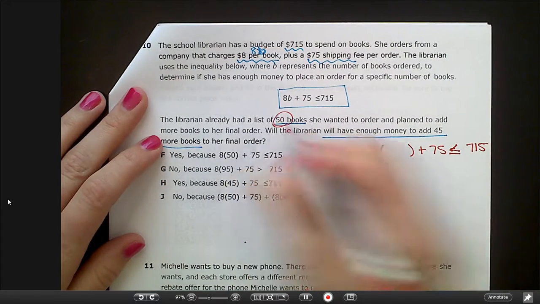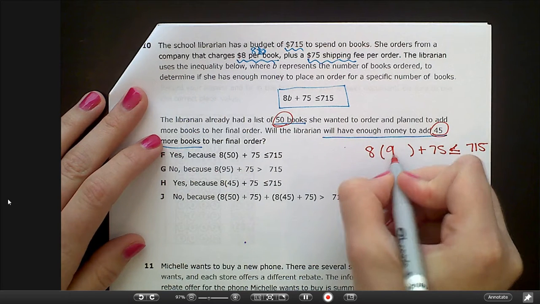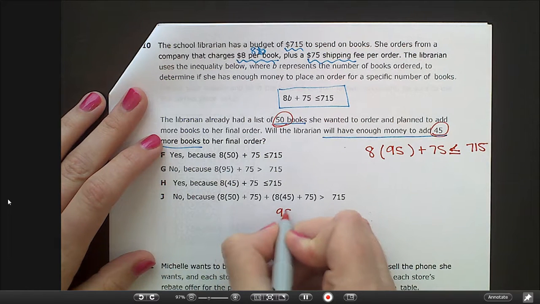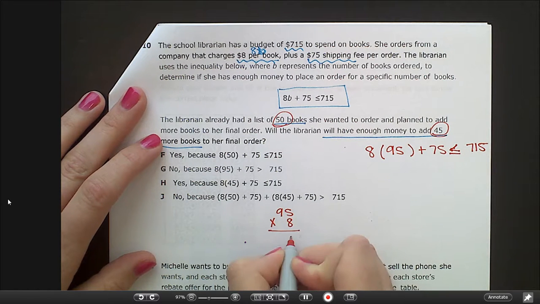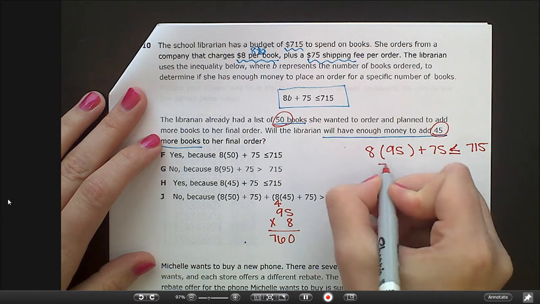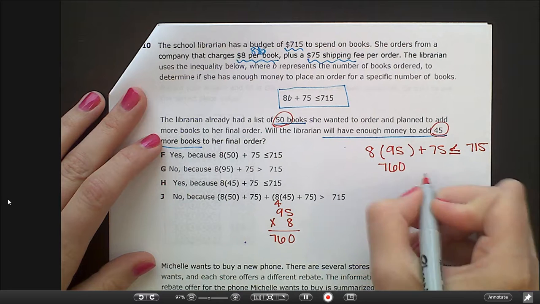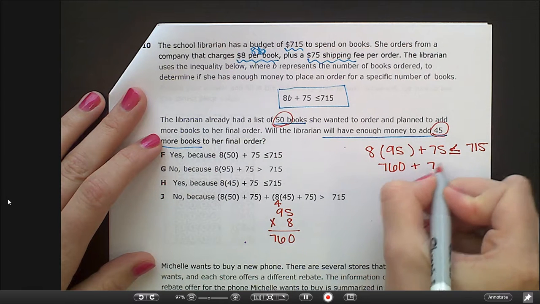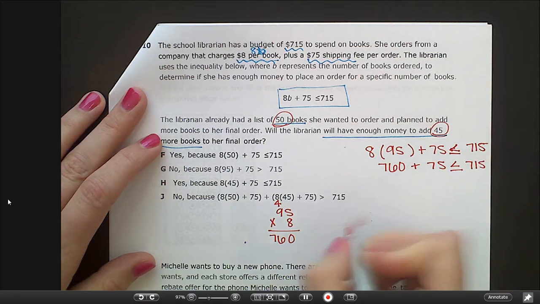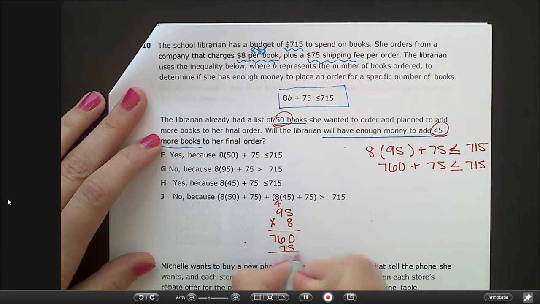So if I have 50 books and 45 books, that's 95 books. So now let's start solving. 95 times $8 is $760 just for the books, plus $75 shipping. So let's add $75 shipping.